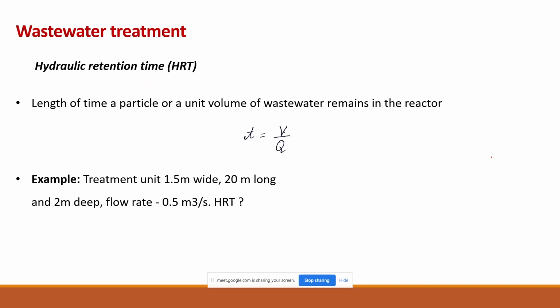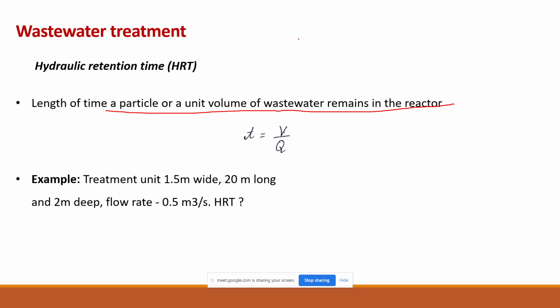So now till this stage, we studied wastewater treatment technology stages and the different technologies that can be applied. Now, when we talk about the treatment stage, one very important concept is hydraulic retention time. HRT is the length of time a unit volume of water or a particle remains in the reactor.